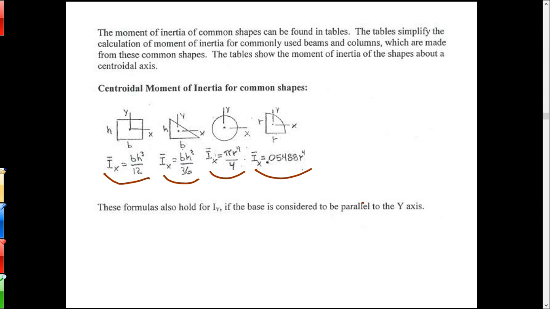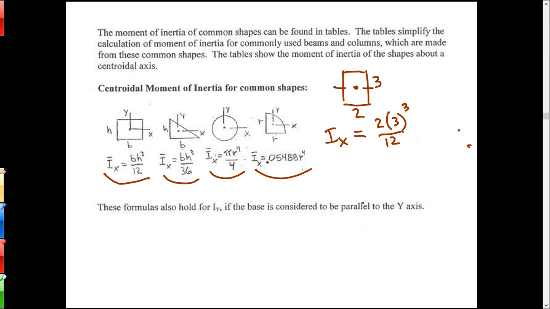So if I want to find the moment of inertia of a rectangle, and let's say this is 2 and 3, if I want I sub x, what am I going to get out of that? So I got bh cubed over 12, I got 2 times 3 cubed over 12, right?